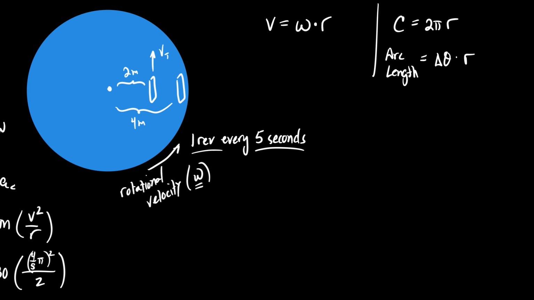Like you learned this way back when you had geometry. Now, I don't know if you remember this from geometry or not. So if you don't, I'm teaching it to you now, so I expect that you'll learn this. Okay? So this relationship only works if the angular displacement is in radians.